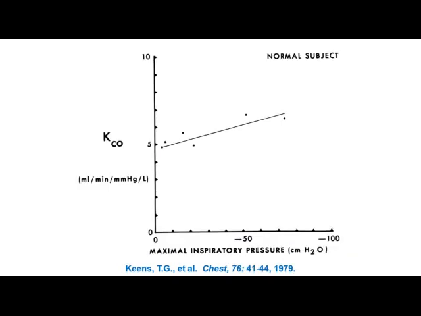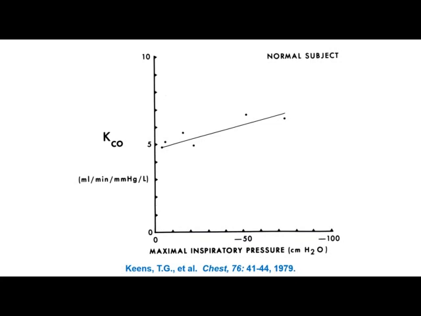We then looked at this with respect to maximal inspiratory pressure. As mentioned earlier, Mueller maneuvers can actually increase the diffusing capacity, and Valsalva maneuvers decrease it. So what kind of inspiratory pressure did they take, or could we have them take, to do this KCO value? It turned out the greater their inspiratory pressure, the higher the KCO.